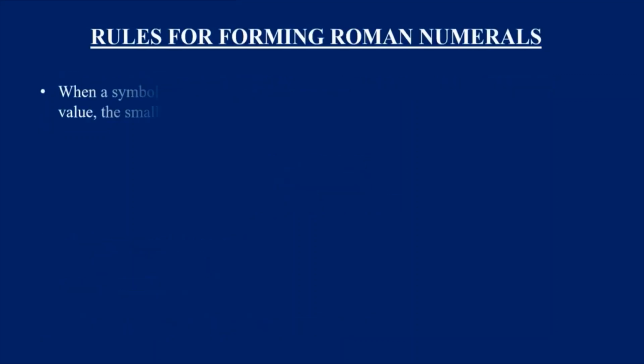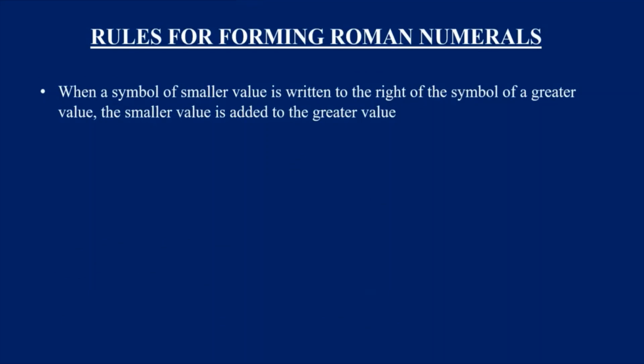Now, when a symbol of smaller value is written to the right of the symbol of a greater value, the smaller value is added to the greater value. See the example? VI. V is 5 and I is 1. So 5 plus 1 is 6. LX. The value of L is 50 and X is 10.